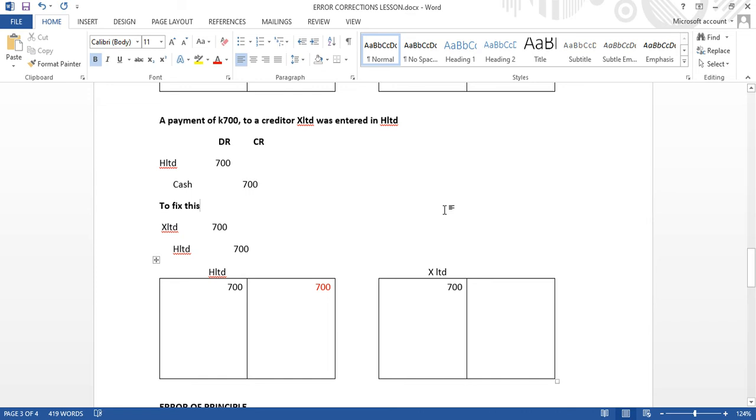Any questions or queries? All right, we go to error of principle, which is just similar to this one.